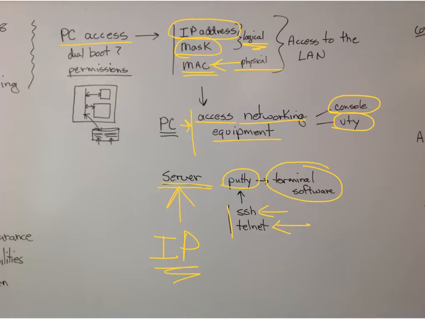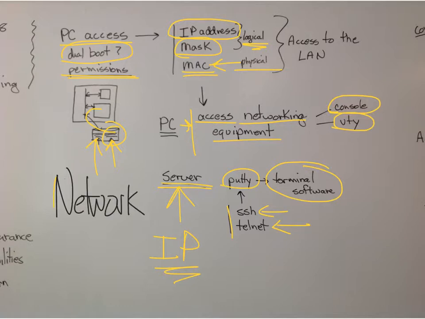I asked the students, why dual boot? Well, we have more permissions with one of the operating systems. Both operating systems are on the hard drive, and we just decide which one we're going to load. When we load the network side, then we have more permissions.